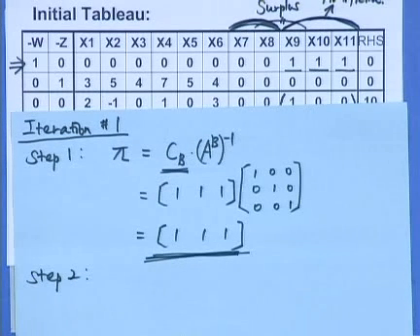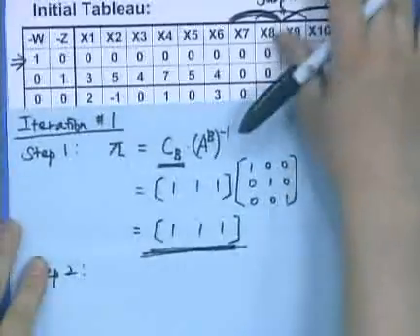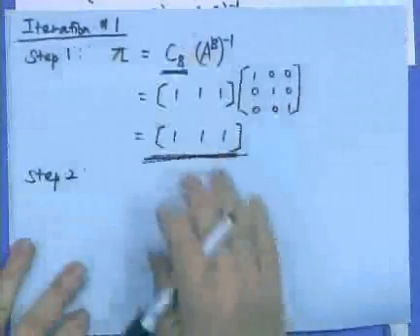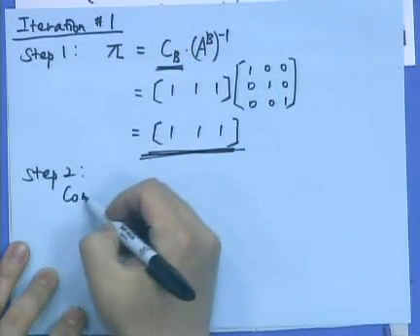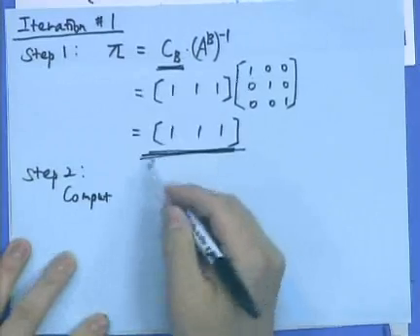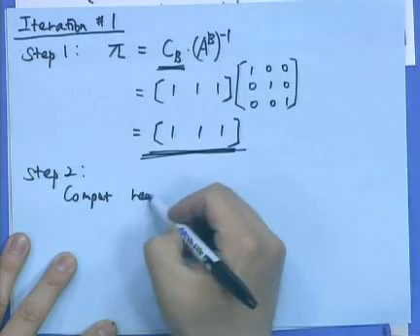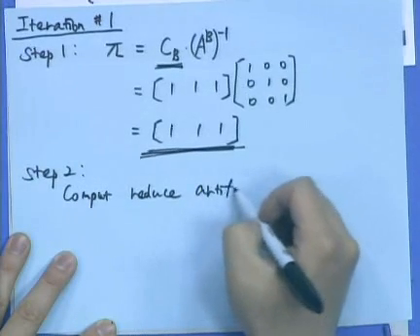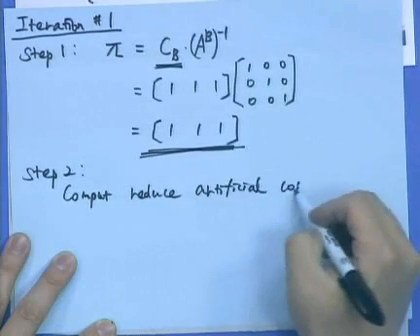Then what is step number 2? We need to compute the reduced cost. Actually, in that case, the reduced artificial cost of the non-basic variables, because we are dealing with phase 1. That is the artificial objective function, right? So compute the reduced, let's say, artificial cost.